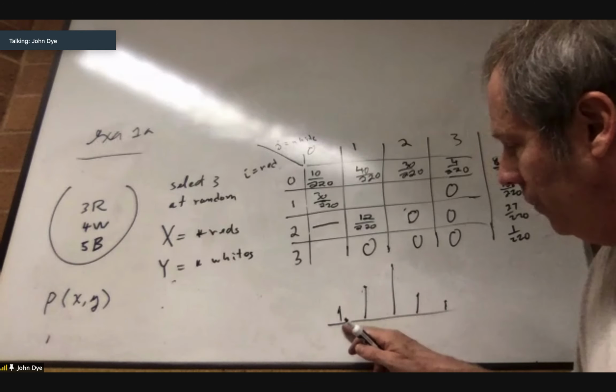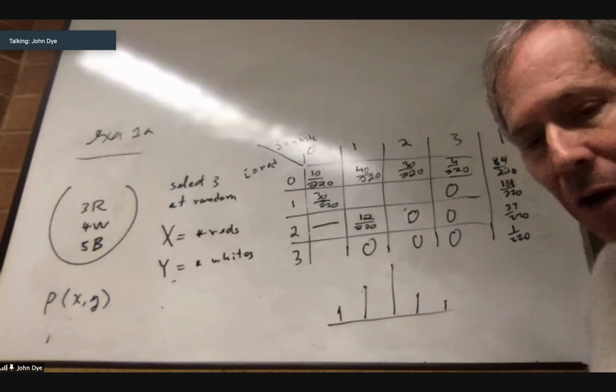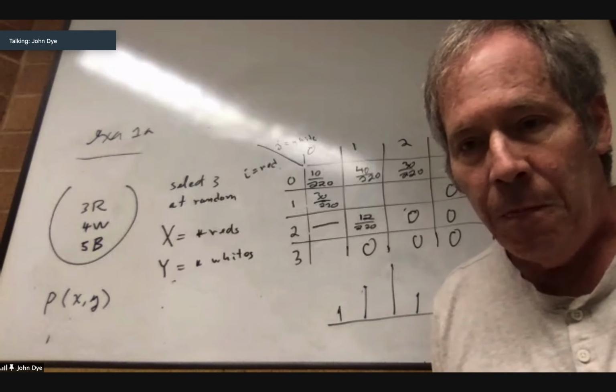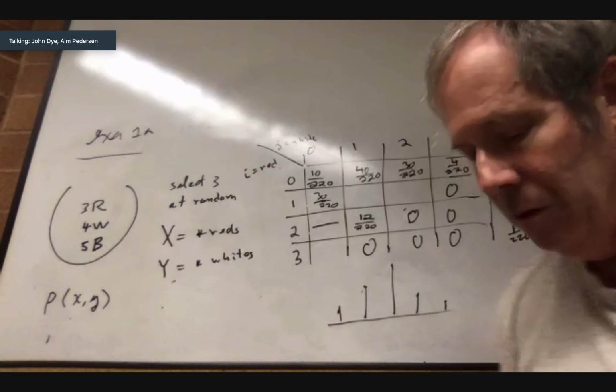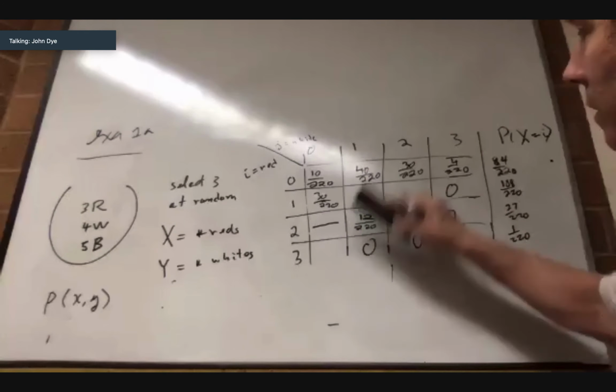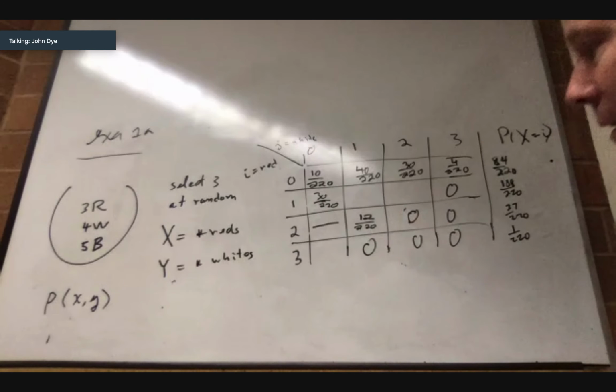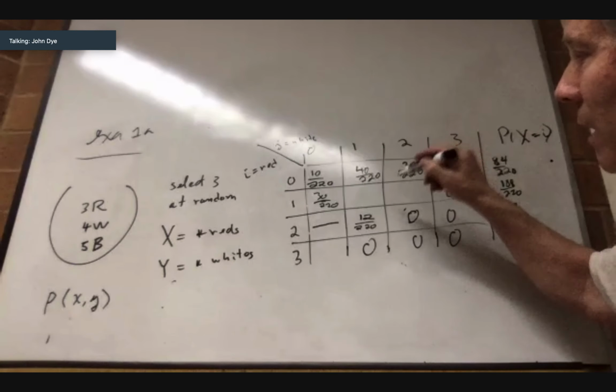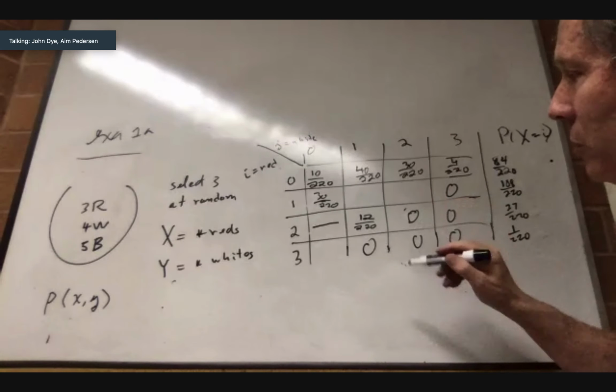So for whatever the outcomes are, you have a probability associated with it. Excuse me, a joint probability mass function. That's two-dimensional. It's actually sort of a three-dimensional picture.